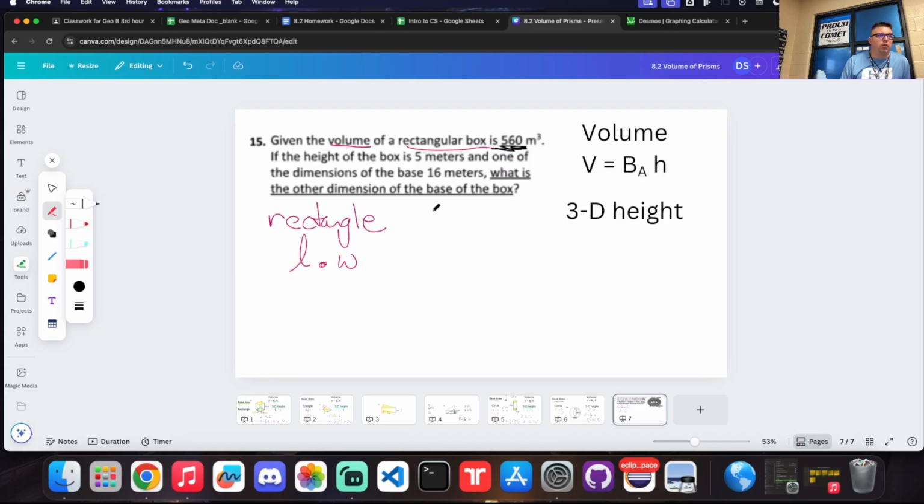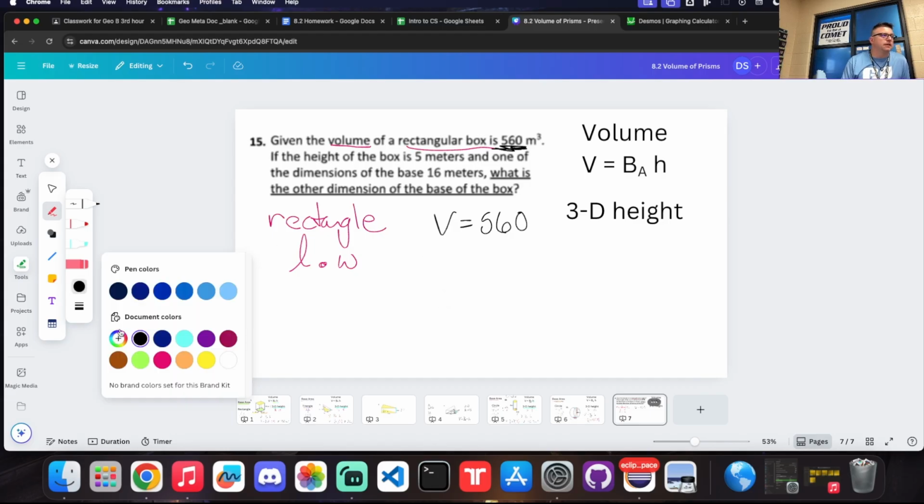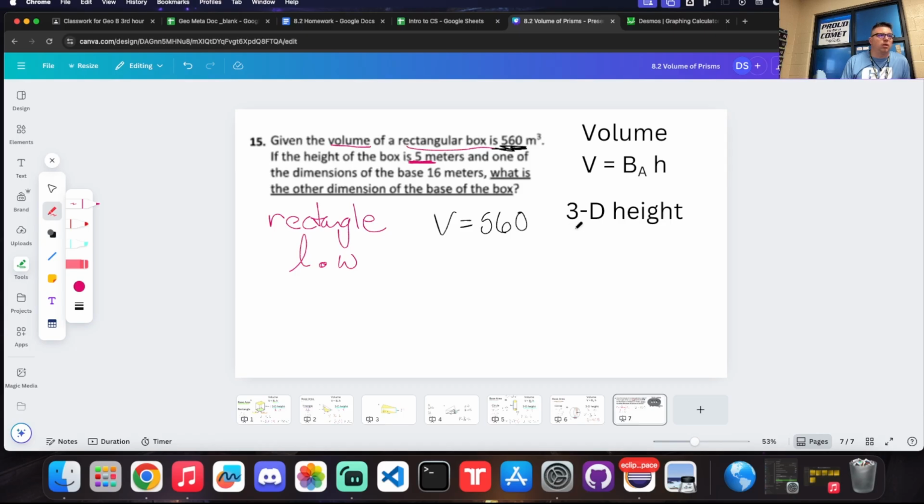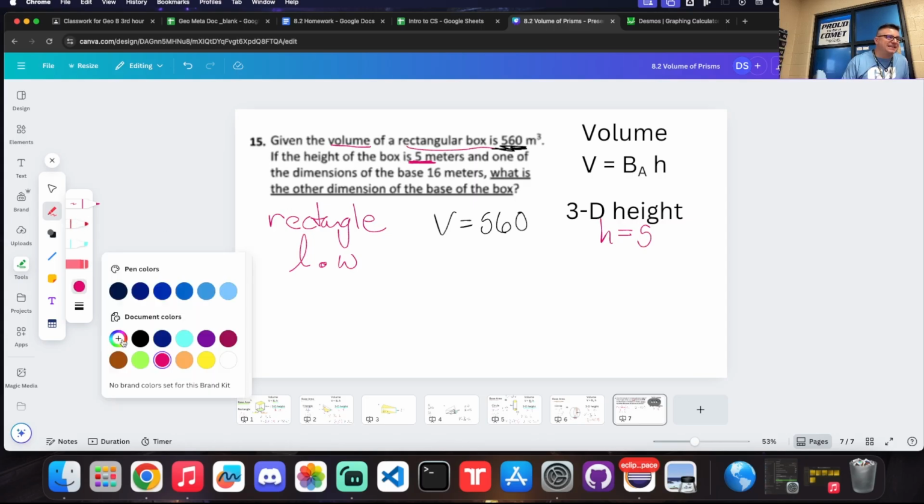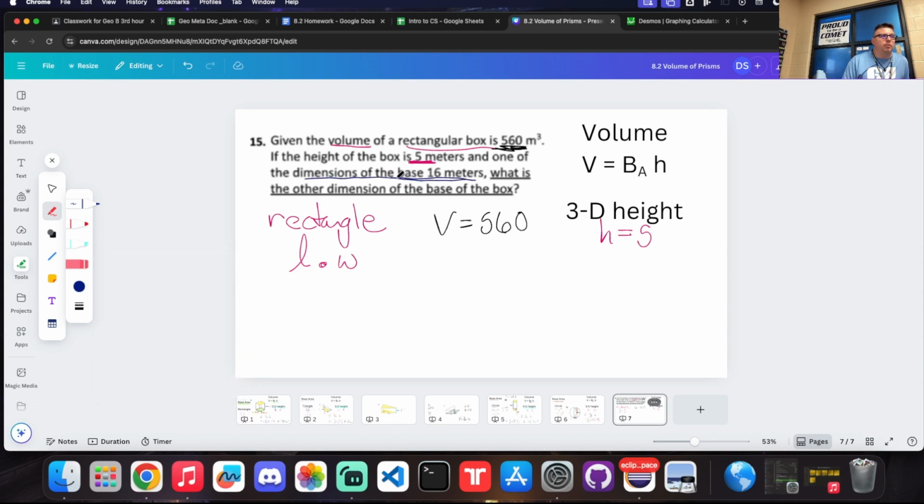It told us what the volume is. The volume is 560. And then it gives us the three-dimensional height of 5 meters. One of the dimensions of the base is 16. So I'm going to plug 16 in for my length and leave the width as W.